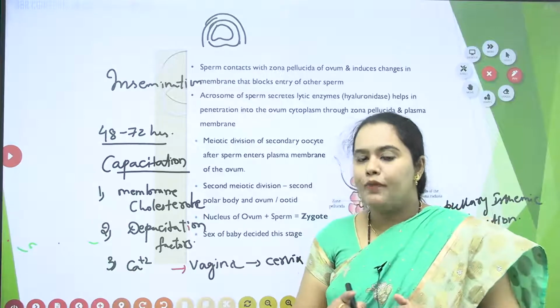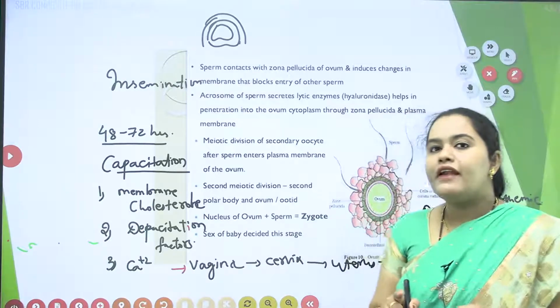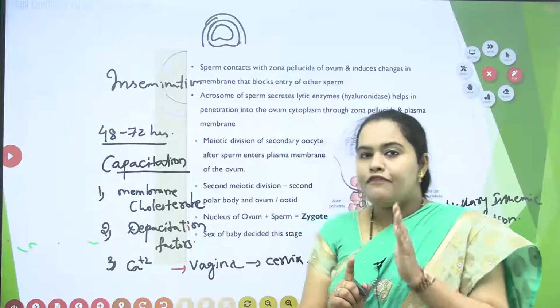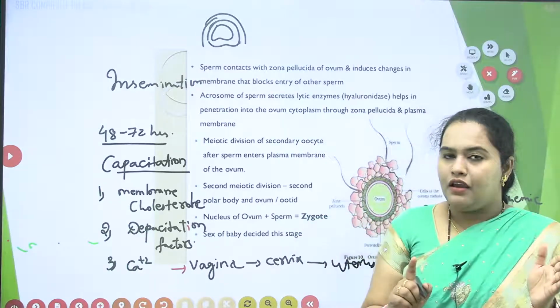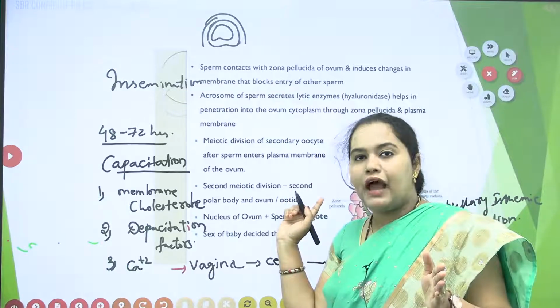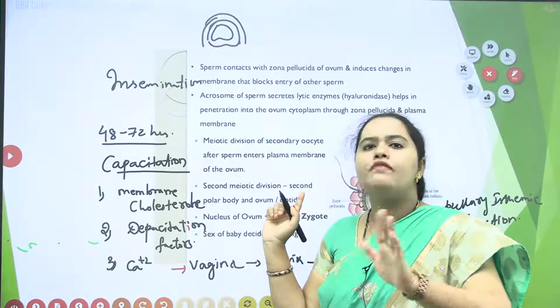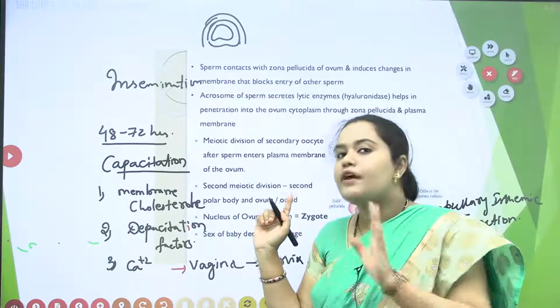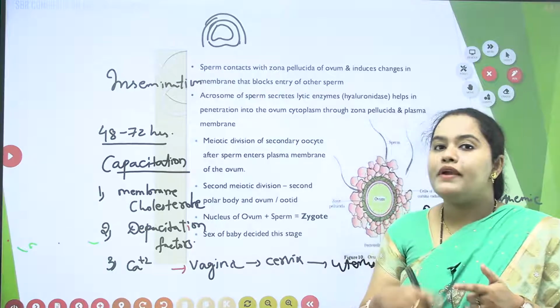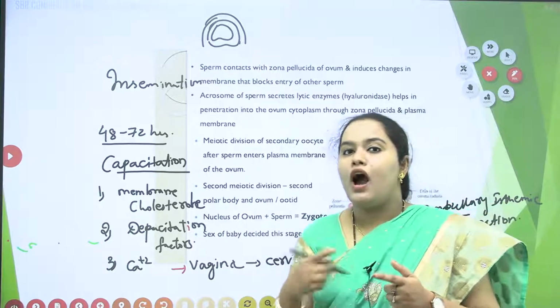As you know, the ova will get released on the 14th day of the menstrual cycle. If before that 14th day the sperm arrives at the ampullary junction, no one will be there to get fertilized, so there won't be any fertilization. And the ova will be active for 24 hours.